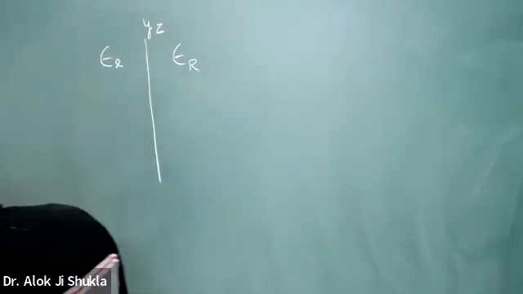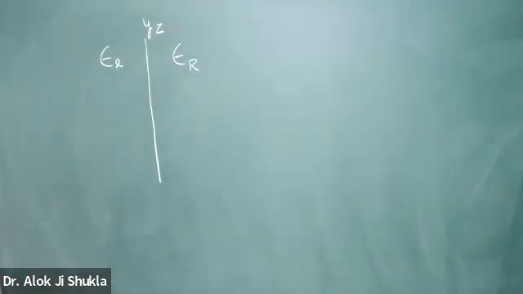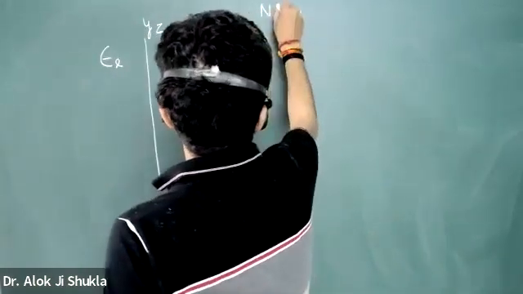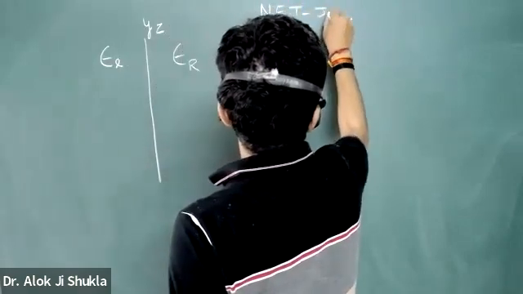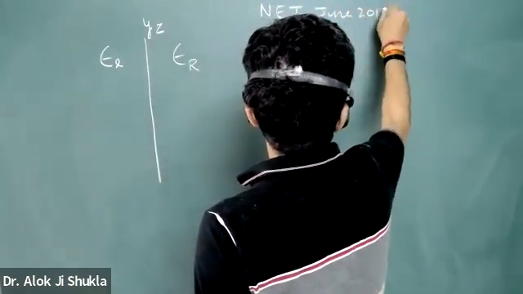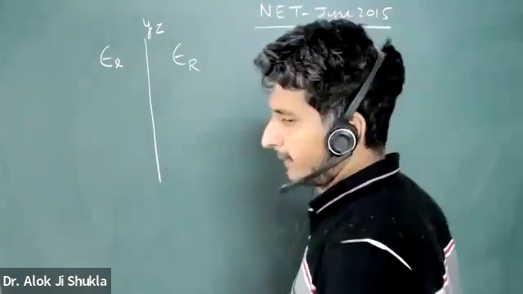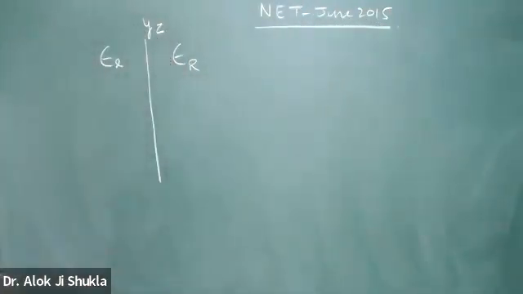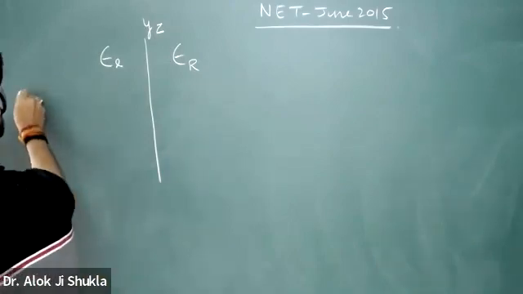Okay. YZ plane forms a chargeless boundary between two media of permittivities epsilon left and epsilon right, and epsilon left by right is 1:2.